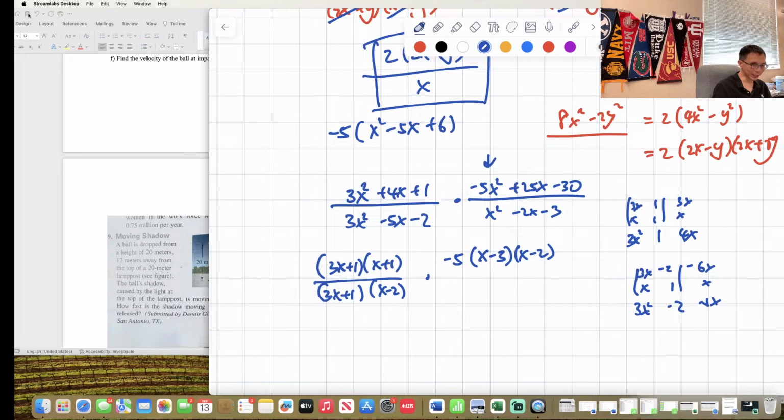I factor out negative 5 first, so they will change all the signs here. So that's going to be positive, negative, and then positive. On the bottom, it's going to be x minus 3, x plus 1.